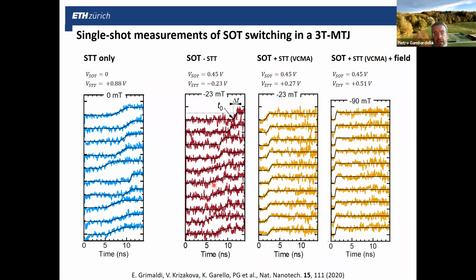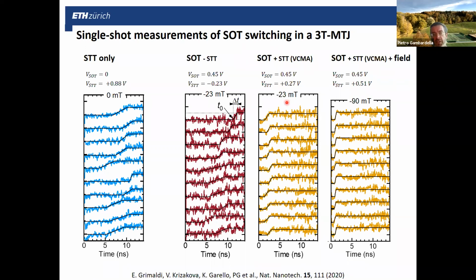Okay. And in fact, we can sort of reduce the randomness in the system by doing one of two things. One is to combine the spin orbit torque pulse with the spin transfer torque pulse, which actually also means combining the VCMA, this voltage control of magnetic anisotropy, with spin orbit torque.